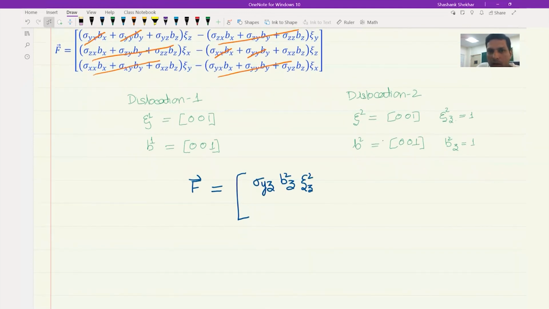Of course, in our case, it happens to be the same in magnitude, but we want to keep things distinguished. And here we will have sigma xz with a minus sign, and again b_z superscript 2, e_z superscript 2, and the third component is 0.